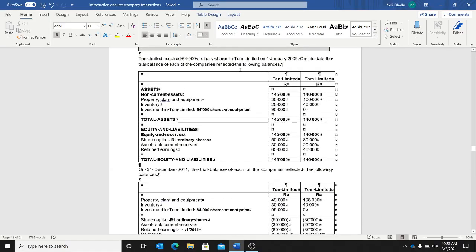Right. This top one. So when you acquired these 64,000 shares, we are acquiring the net asset value. Remember, we said the net asset value is the equity, which is this. Okay, that is the equity when we acquire the company on this date. So what we then need to do is to apportion this as per the ratio of acquisition, because we know we paid 95,000.